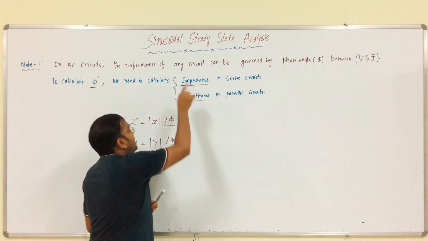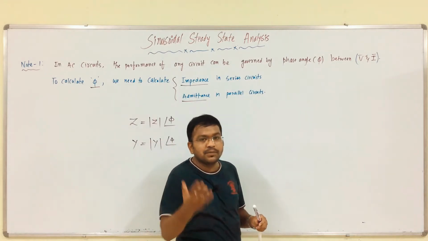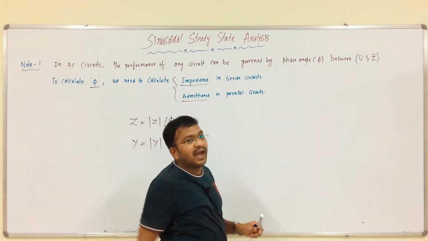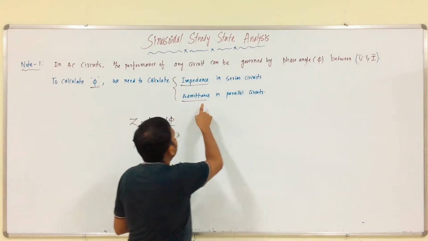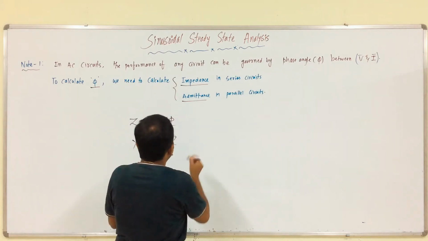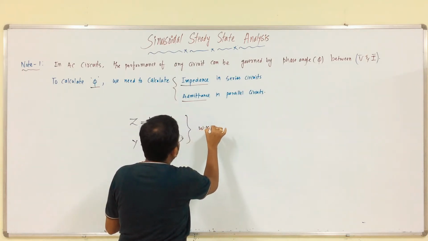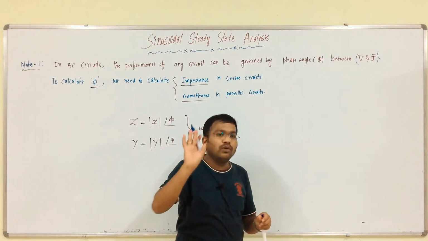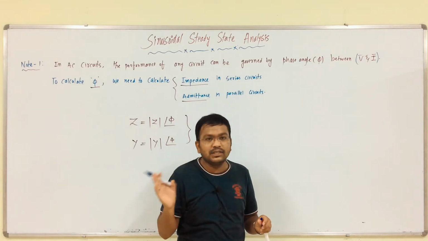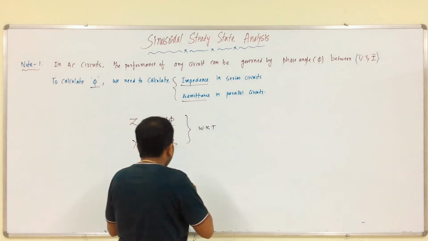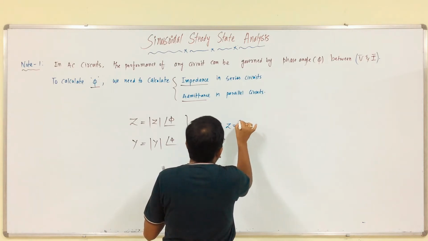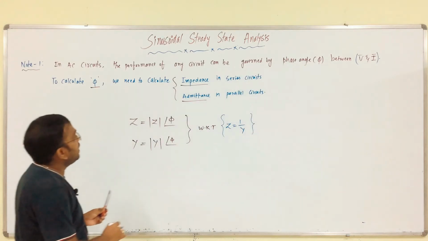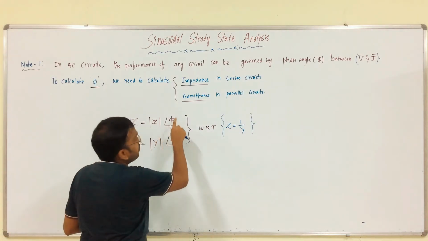So, in case of series circuits also we can find admittance, simple, reciprocal of impedance is nothing but admittance, like that in case of parallel circuit also we can calculate the impedance, reciprocal of this Y is nothing but Z. We know that from any circuit we can calculate both impedance as well as admittance, there is no confusion at all. That is Z is equal to 1 by Y, that is it. Clear? So, this angle is present between voltage and current.